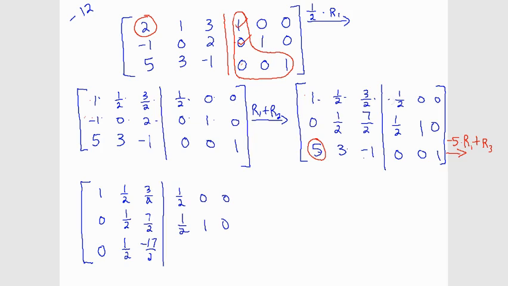Okay. 1/2 times a -5 plus 0 is -5 halves. And then we've got 0 times -5. So that's just 0, and then 0 plus 1 is 1. Okay, great.